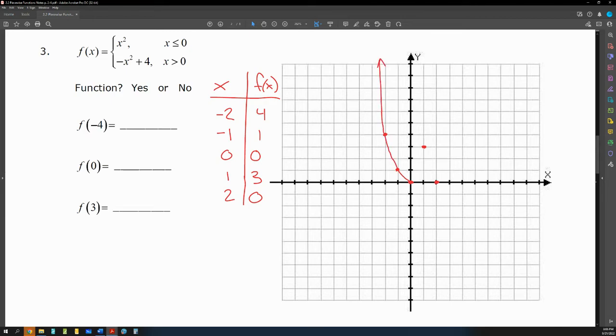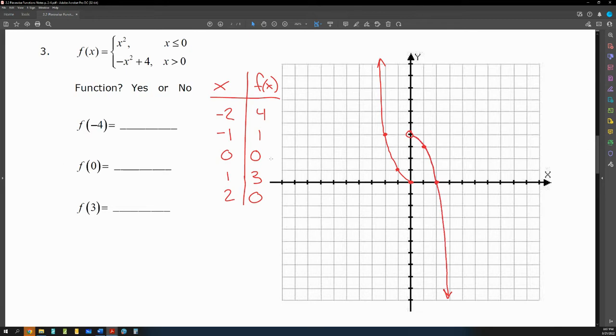So I'll sketch in that graph. And then the other one is another quadratic with a y-intercept of 4, and it opens downward. So because our y-intercept is 4, but it does not exist in this part of the function, it must be a hole. And then again, it opens downward. And we can see that here.